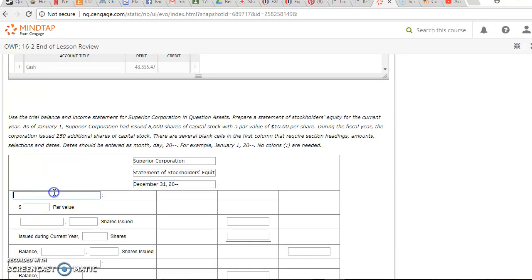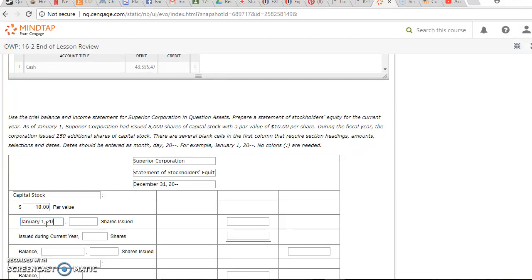Okay. So when you're doing a statement of stockholders' equity, remember we have two sections. We have capital stock, and they should tell you a par value of $10 per share up there. And then at the beginning of the year, January 1st, how many shares they had issued.